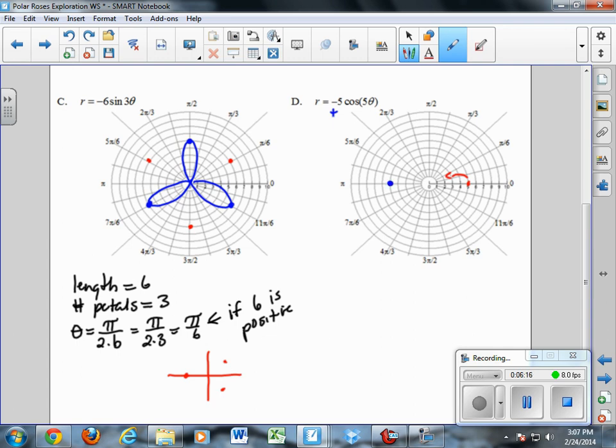Now, how do I make these 5 petals evenly spaced? Well, if you think about it, 360 divided by 10 is 36, so 360 divided by 5 is 2 times 36, or 72 degrees. So imagine going about 70 degrees, maybe about right here, and maybe going the other way about there, and then trying to make them look sort of evenly spaced.